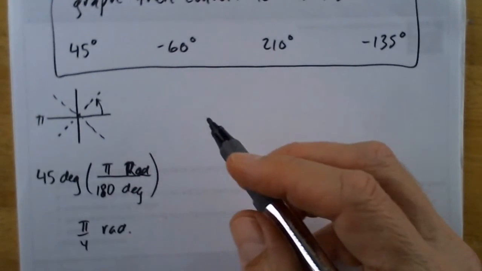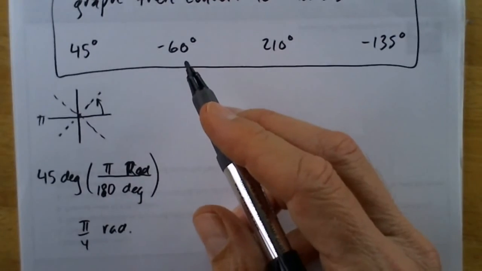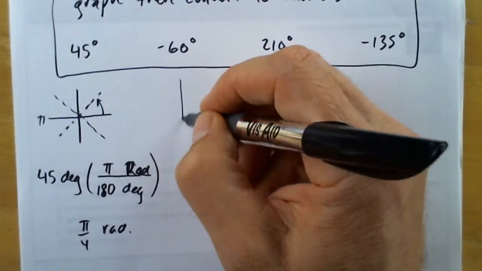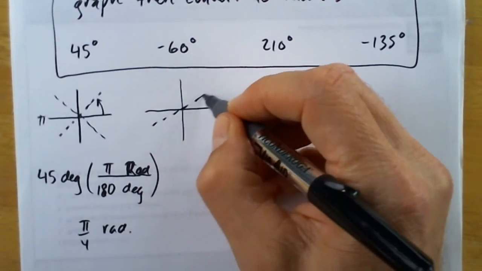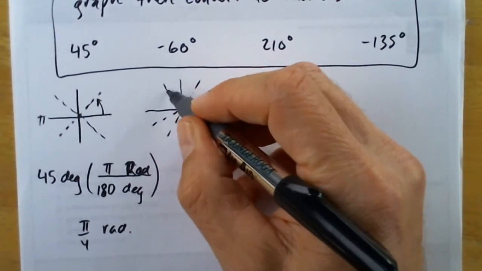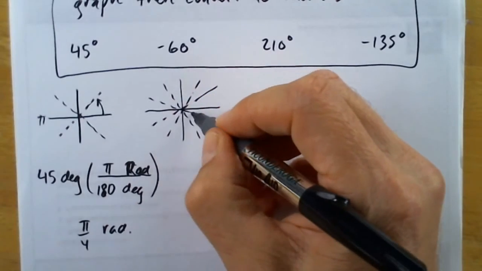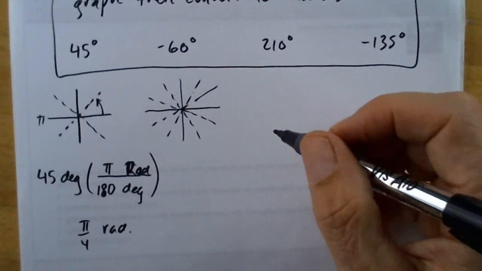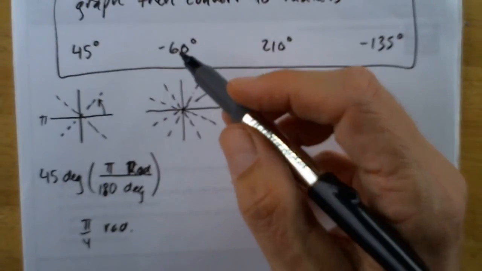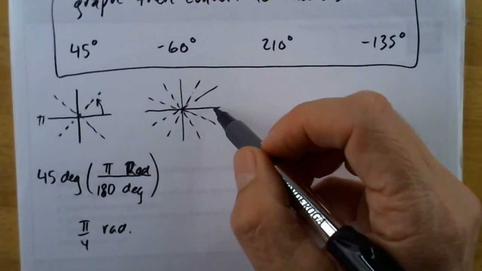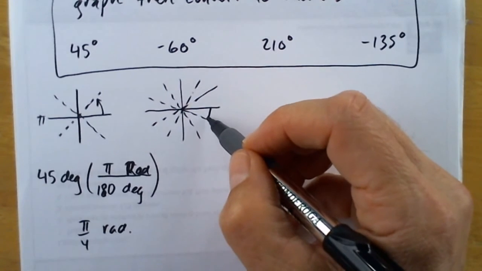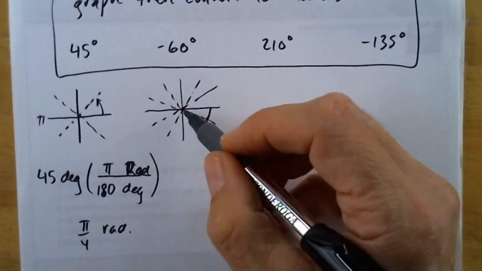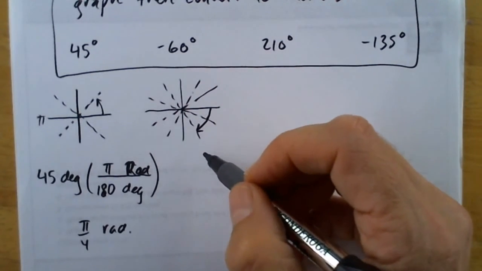Okay, and then we have the possibility of a negative rotation. And since we're dealing with a multiple of 30, let's draw all the 30s, and we can just count where the negative 60 would be. If this is a positive rotation, this is a negative rotation. There's 30, and that'll be 60. We know where that is.